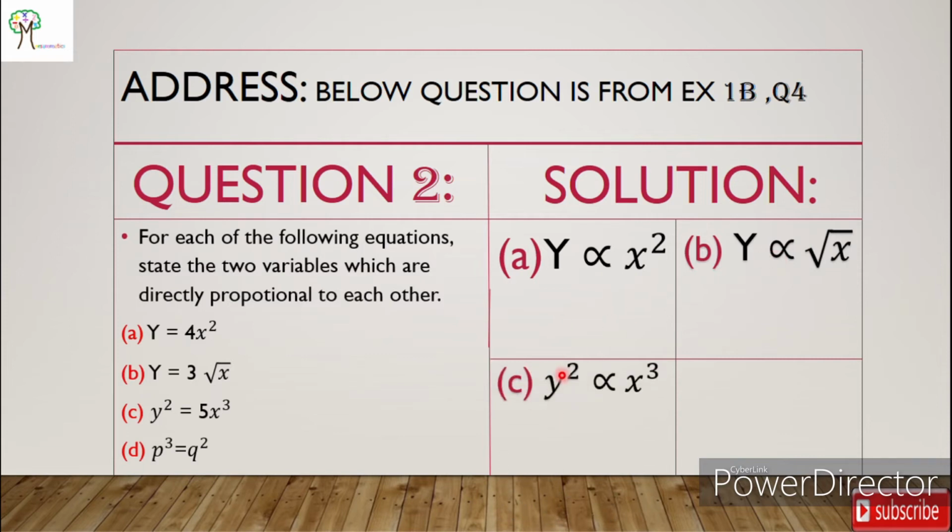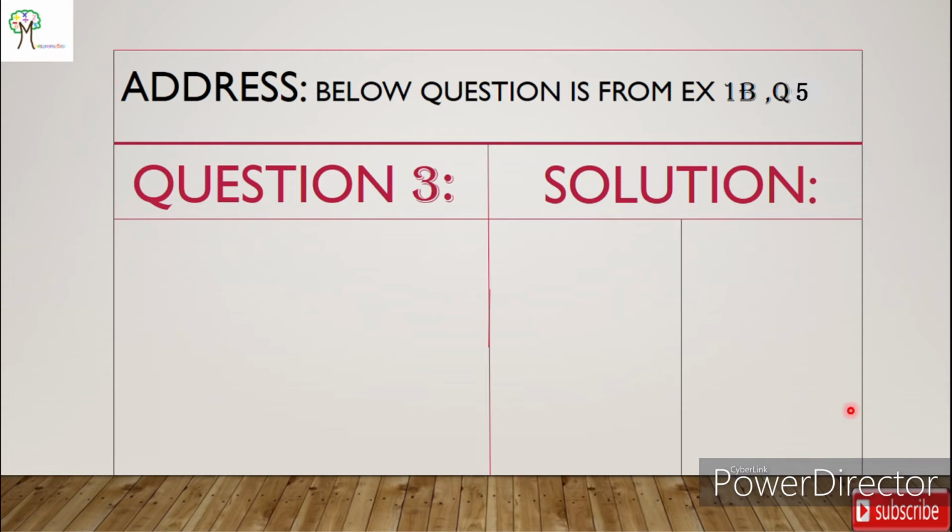Now the solution of C is, y square is directly proportional to x cube. And the solution of part D is, p cube is directly proportional to q square.